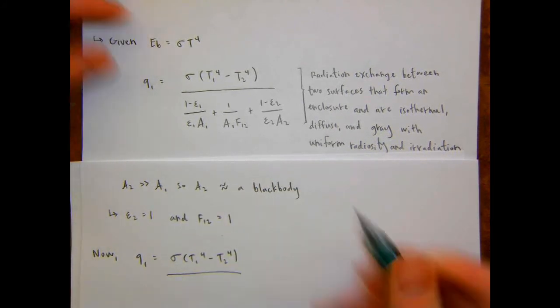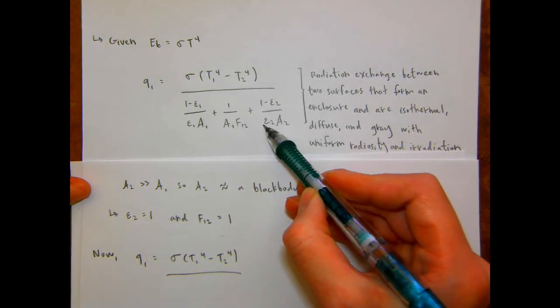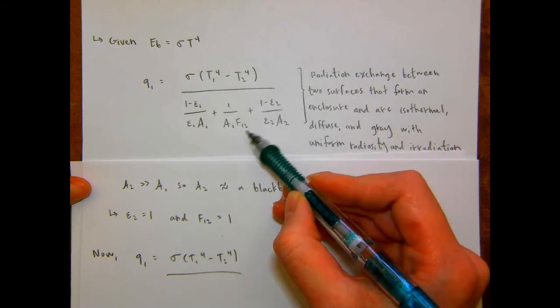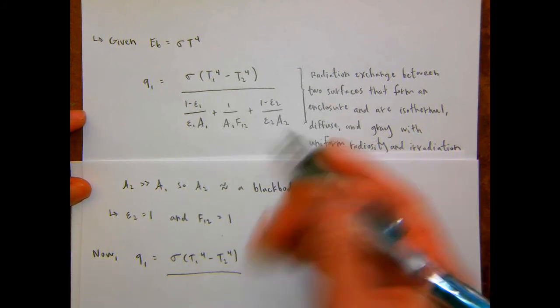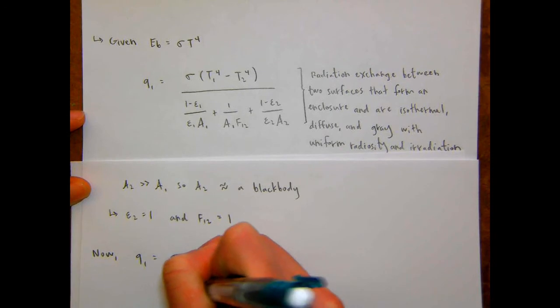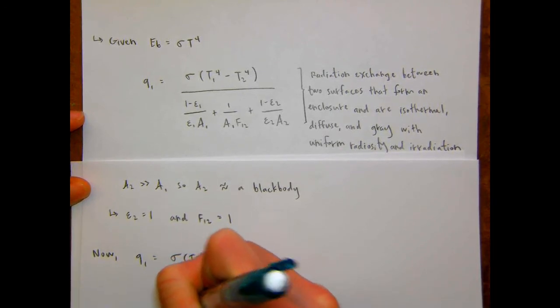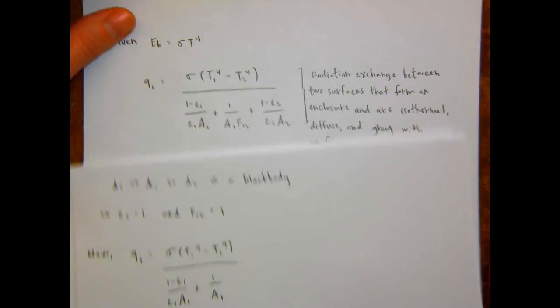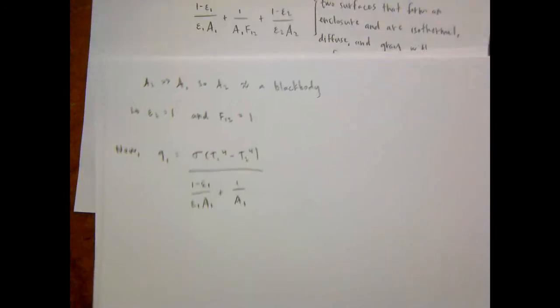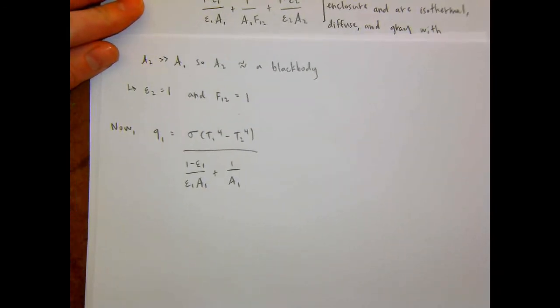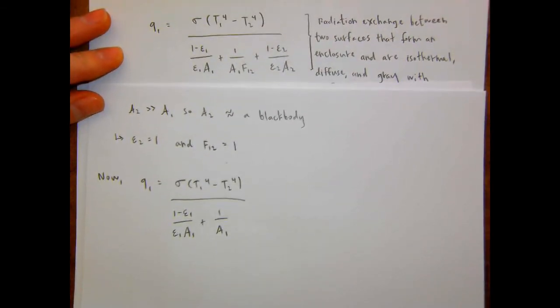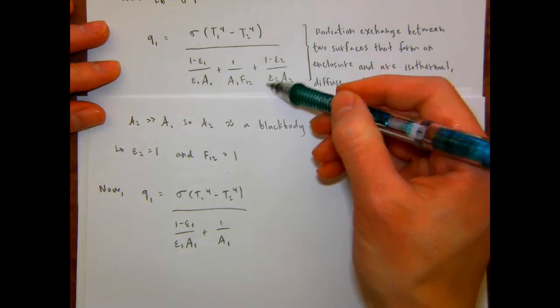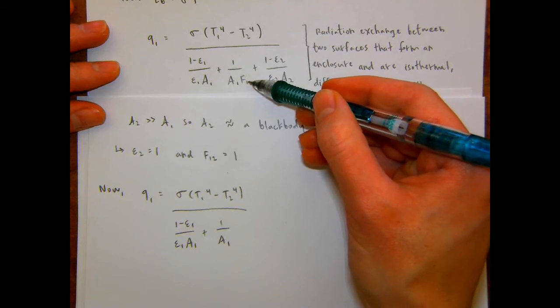Epsilon sub 2 goes to 1, so this entire term goes to 0, and then F12 is 1. So you're just left with this expression. So this term goes to 0, and this term goes to 1.